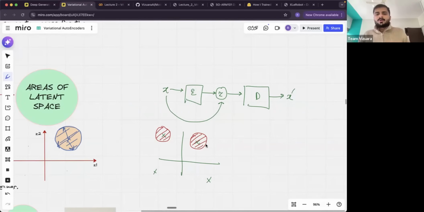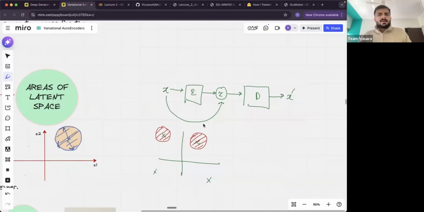If you just take a plain autoencoder, the encoder step will just give you one single point which corresponds to the image. But in the variational autoencoder, we don't get a point in the latent space, but rather we get a distribution in the latent space where the image is most likely to belong.